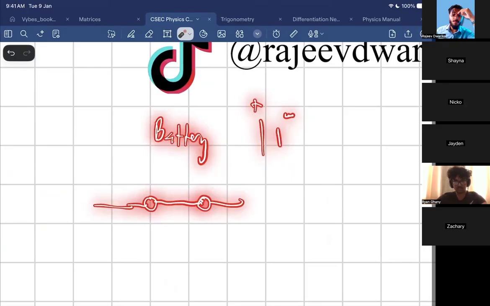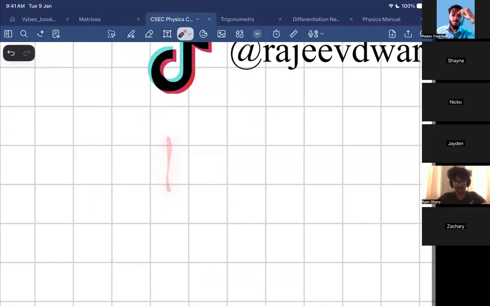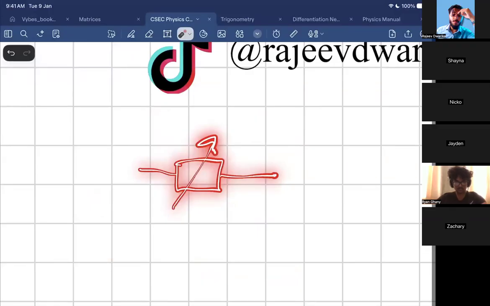And this is a closed switch right now. What about this? An open switch. What's the name of this component? Resistor. How about this one? A variable resistor, a rheostat, a potentiometer. Anyone is fine. Alright?